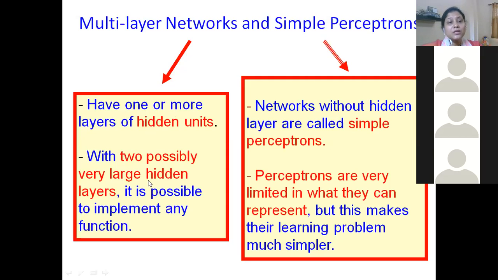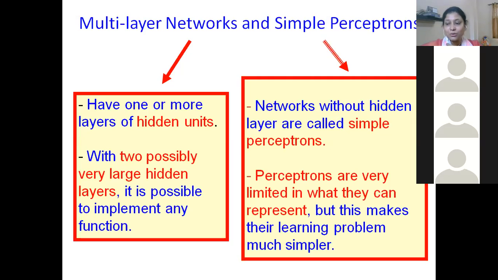Obviously, with two possibly very large hidden layers, it is possible to implement any function, because we have large hidden layers, so we can compute very complex computational tasks as well. But on the contrary, these perceptrons are very limited in what they can represent, because they cannot deal with multi-class classification.